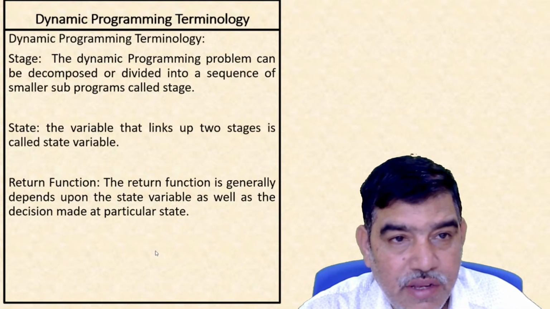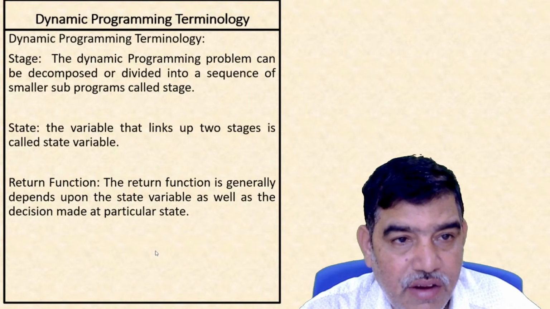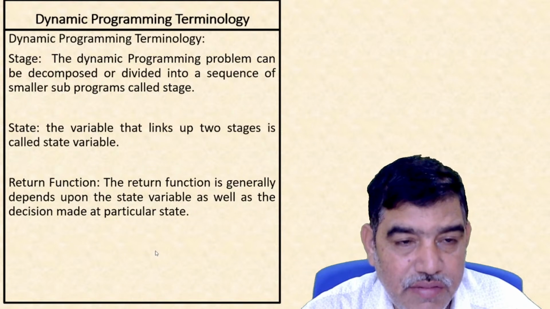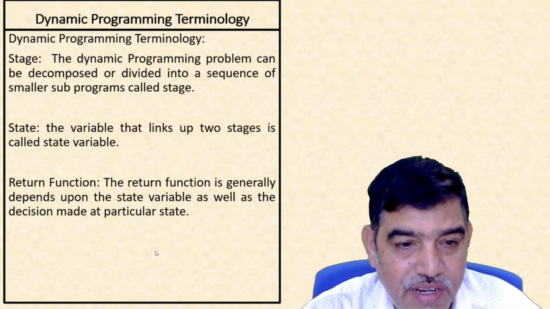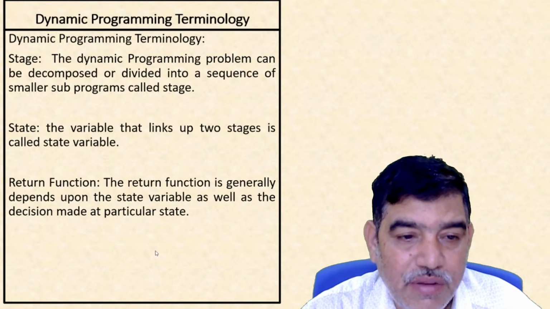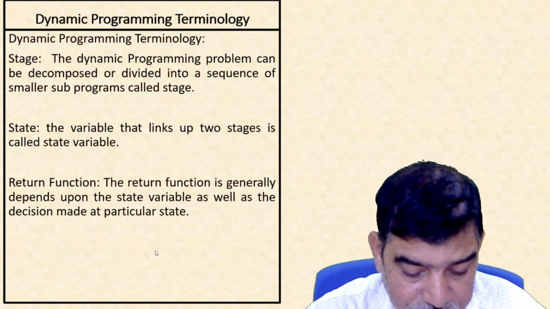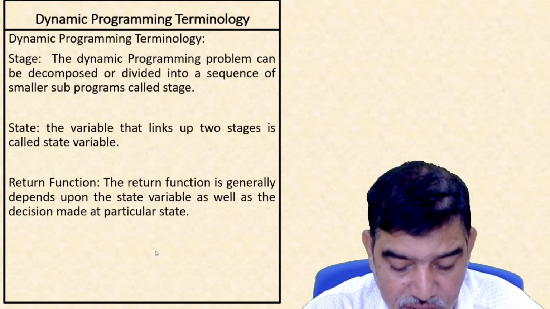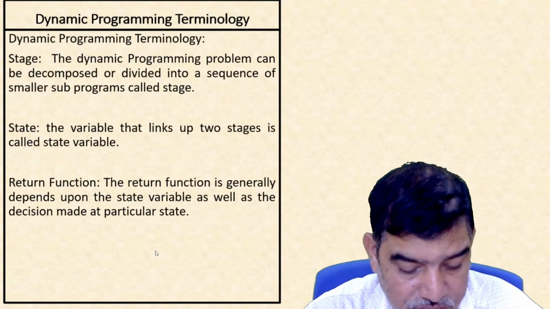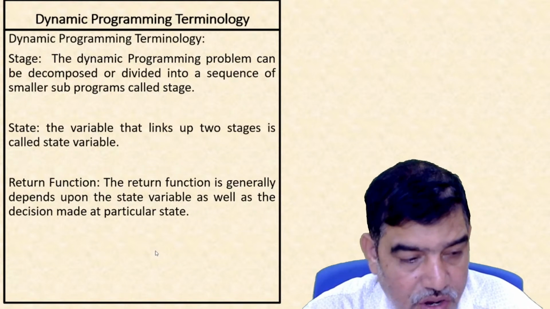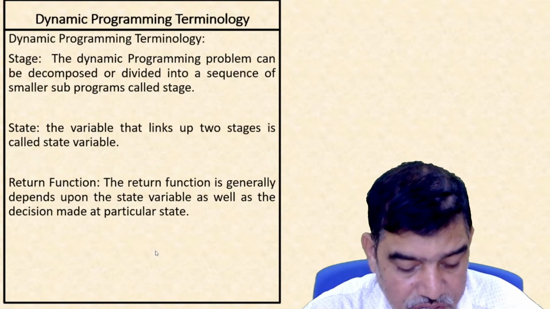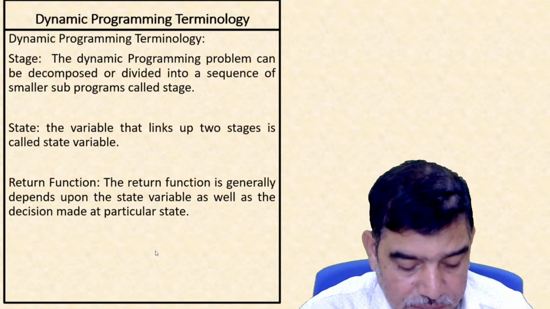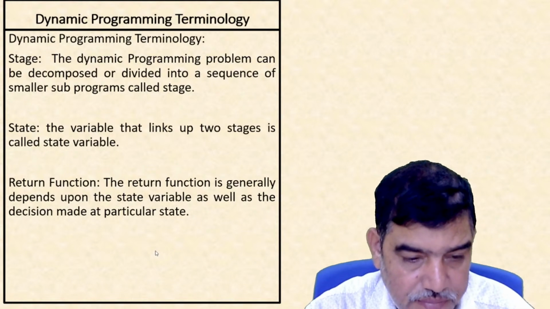In the beginning, I already told that all the stages are executed sequentially until we get the optimal solution. Every decision that is made has its own merit in terms of worth or benefit associated with it and can be described in an algebraic equation form.